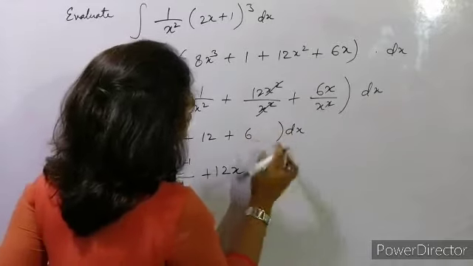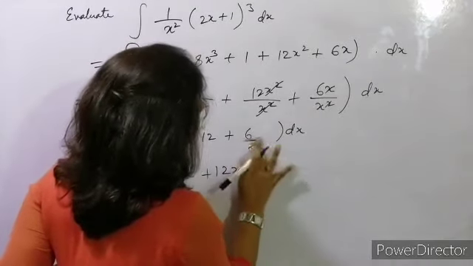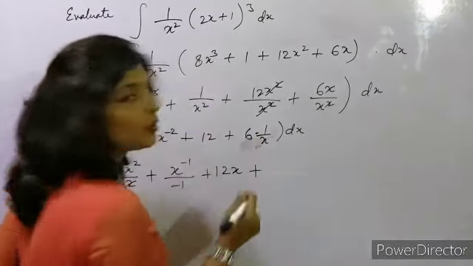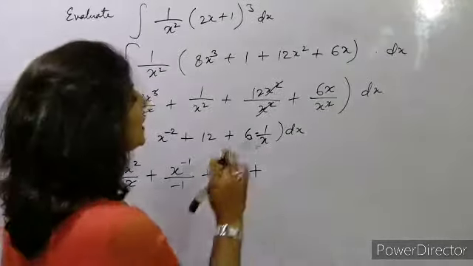Sorry, what we'll do, 6 upon x, it means 6 into 1 upon x. We cannot do this like this, x to the power minus 1 करके हम नहीं करेंगे.